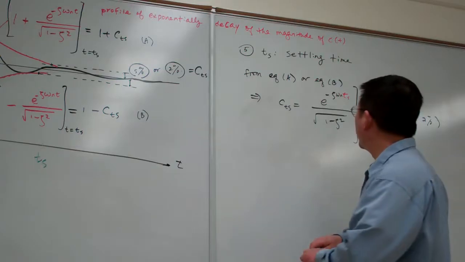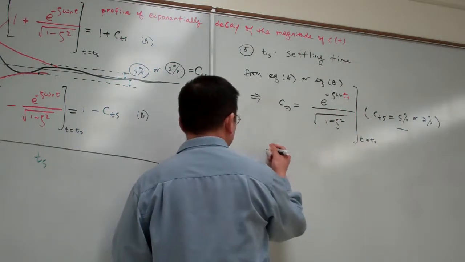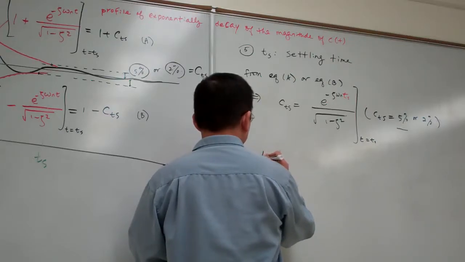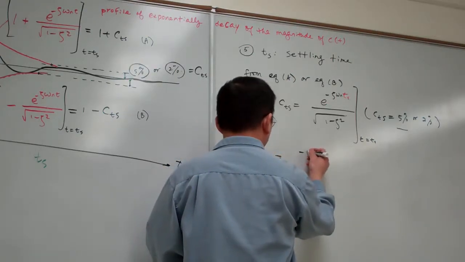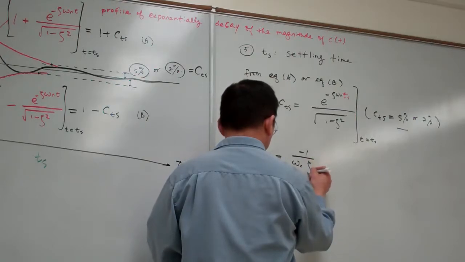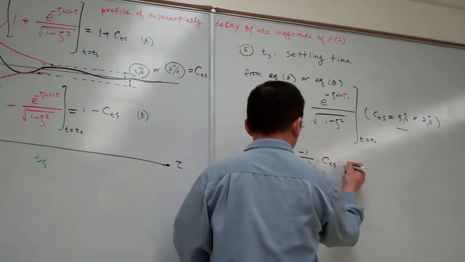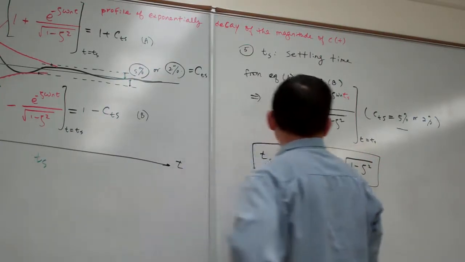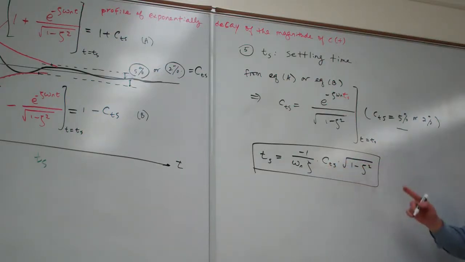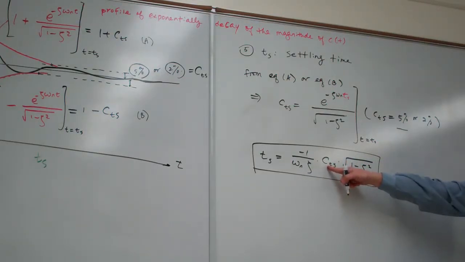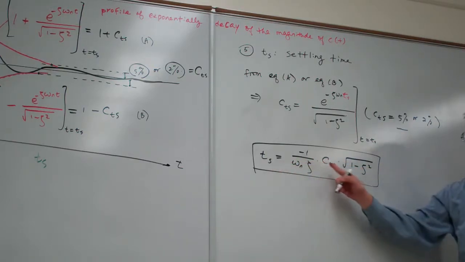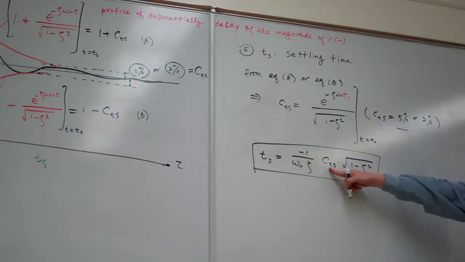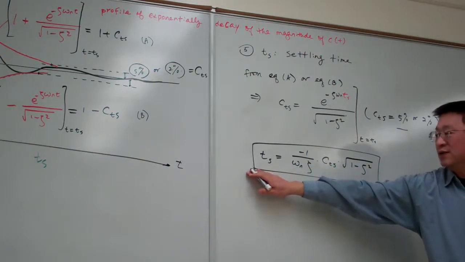By solving these equations, you can see that ts equals minus 1 over omega n zeta times the natural log of CTS times the square root of 1 minus zeta squared. If we have all the parameters of the system and you define your criteria, say 5%, then you have your TS. If you define CTS as 2%, or simply plug in 0.02, then you can determine your TS.